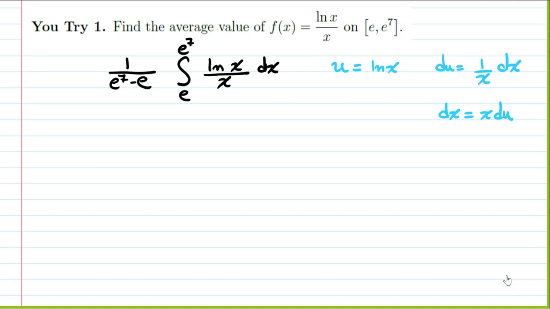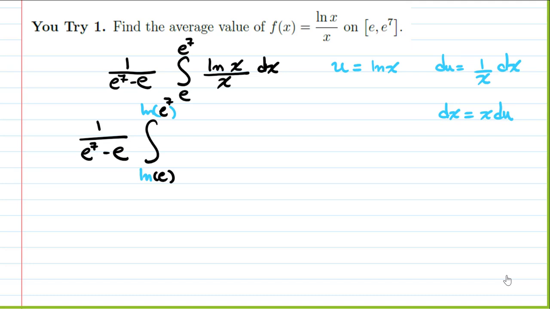So we substitute into our integral, and we're also going to need to change our limits of integration. So we have 1 over e to the 7th minus e, and then our integral. We replace the x with our lower limit of integration, the natural logarithm of e, and our upper limit of integration becomes e to the 7th.